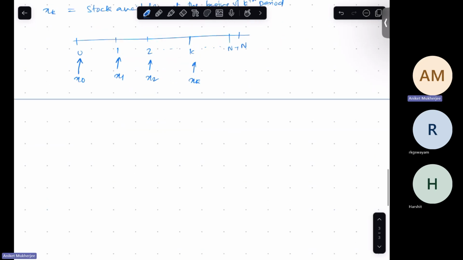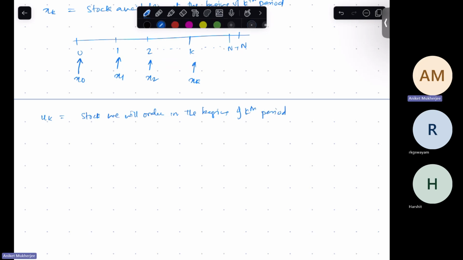And uk is the stock we will order in the beginning of the kth period. One assumption that I'm making here is that delivery is instantaneous.